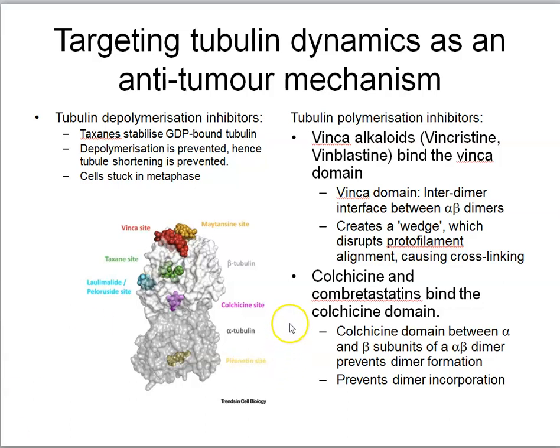We've then got the second main class, which is the vinca alkaloids, so vincristine, vinblastine are the main drugs that you're likely to come across, and they bind to the appropriately named vinca site. And the vinca site is on the top of beta tubulin.